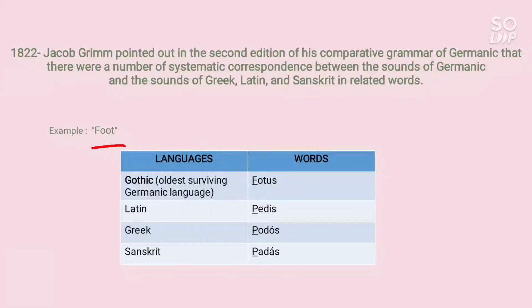In Gothic, it is termed as fotus, which has initial letter F. Now in Latin, it is pedis. In Greek, podos. And in Sanskrit, padas. These all have initial letter P.